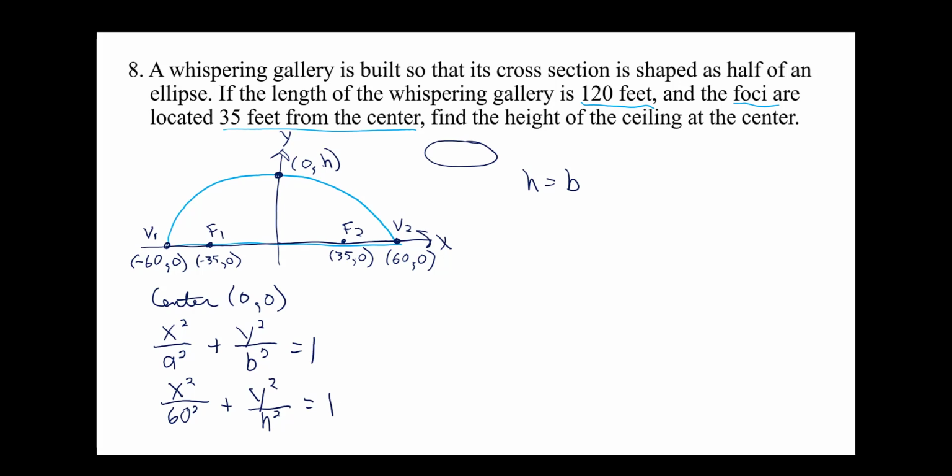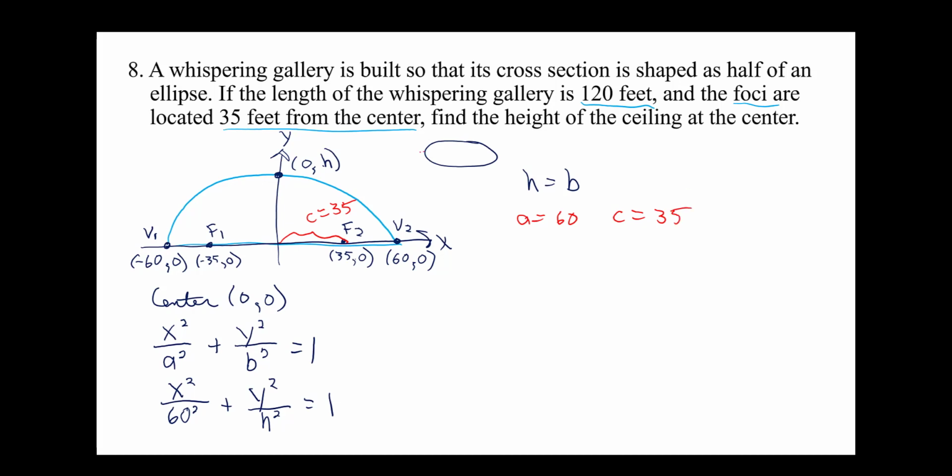I see that from the center, I get to focus 1 and focus 2 by going a distance of c. So here c would be 35. And if I just need to find what b is, basically, I have a is 60, c is 35.